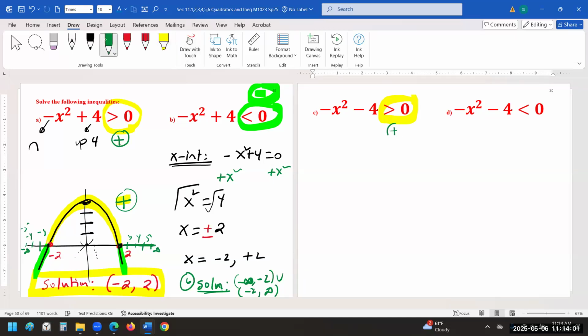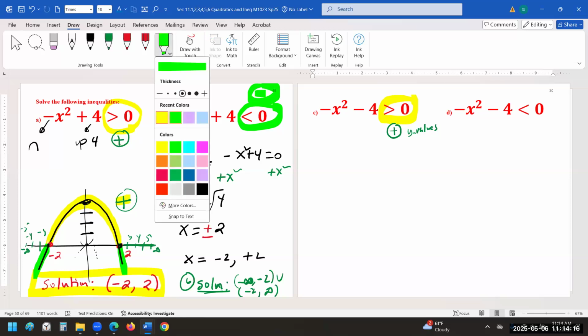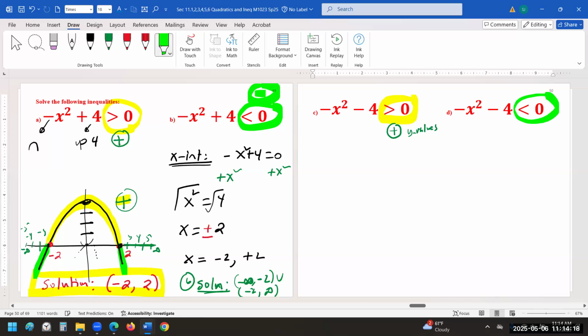So you're looking for positive y values. But on D, what you're looking for? Negative y values.